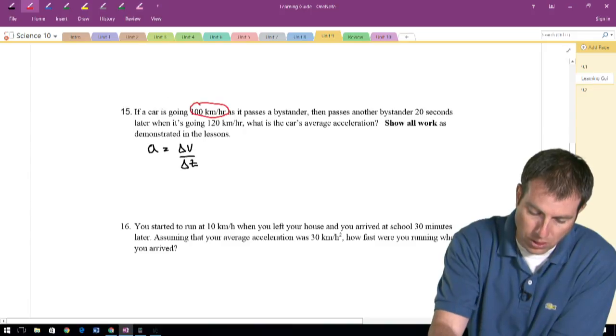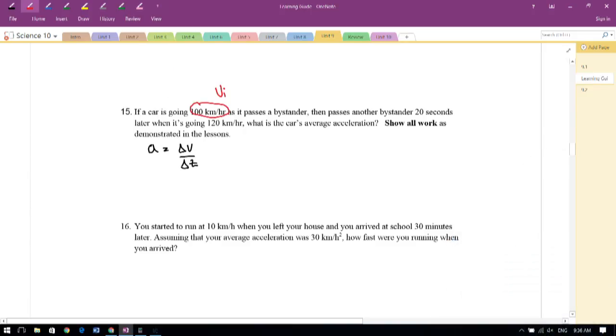So we have an initial velocity, we'll call it VI, and then we have another velocity here, we'll call this VF. And then we have a time, which is over here, 20 seconds. It's going to be our time. And we're trying to find the acceleration.